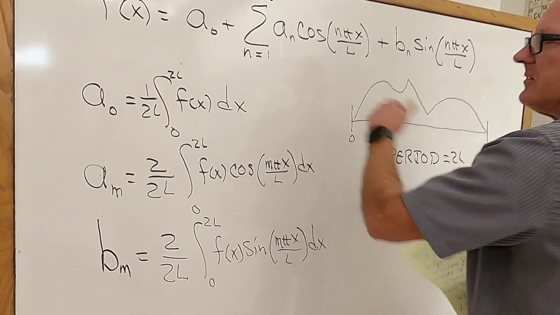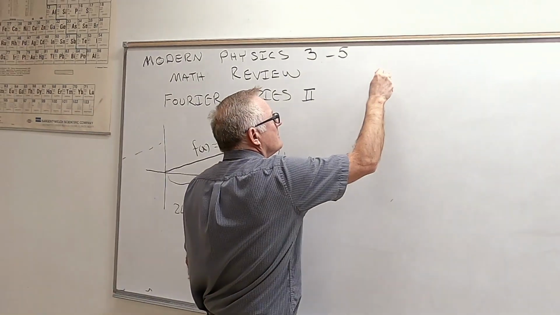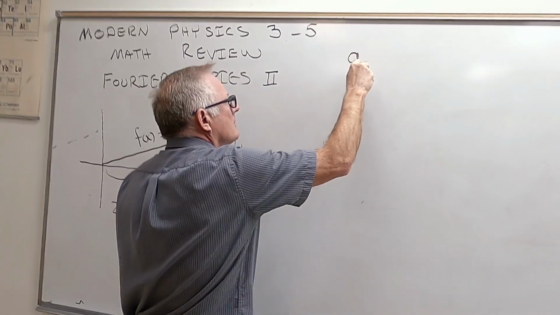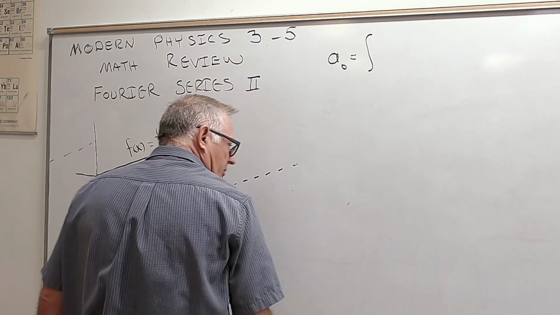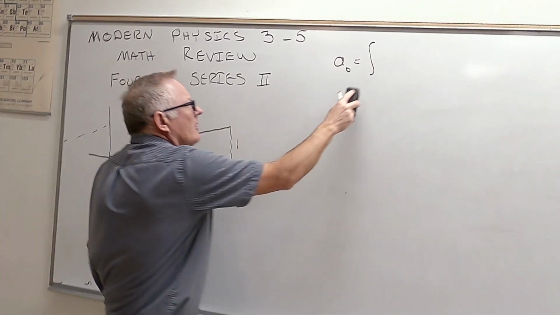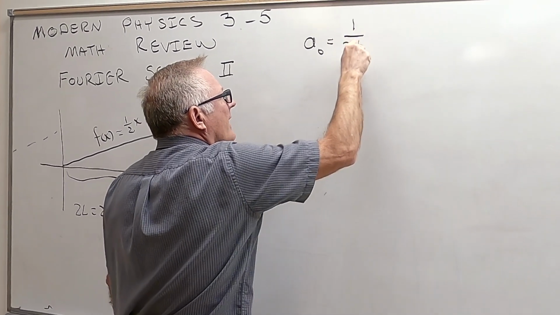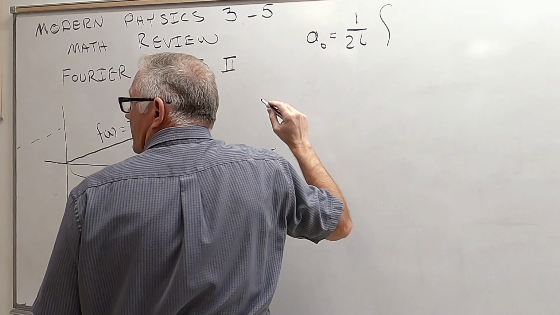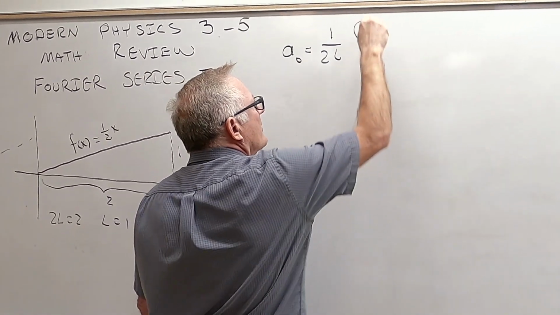First of all, let's find our A naught. Our A naught is equal to 1 over 2L times the integral from 0 to 2L, but L is 1, so it's from 0 to 2.